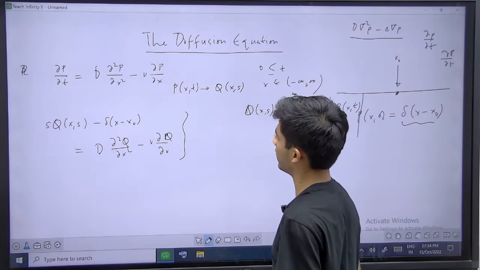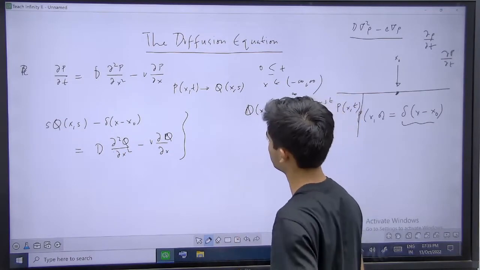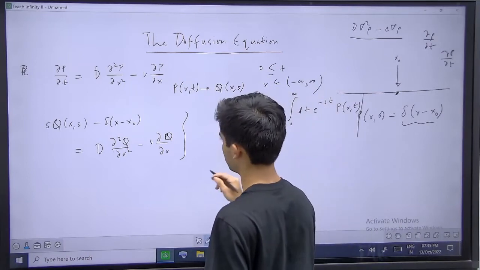And now I can do the same thing. Take the Fourier transform for this, and again the convention will be as follows.